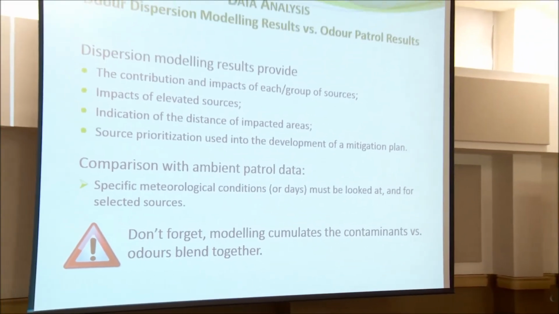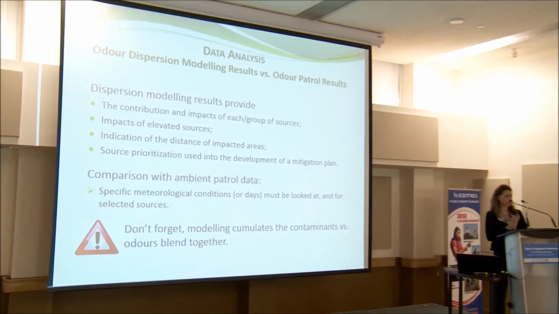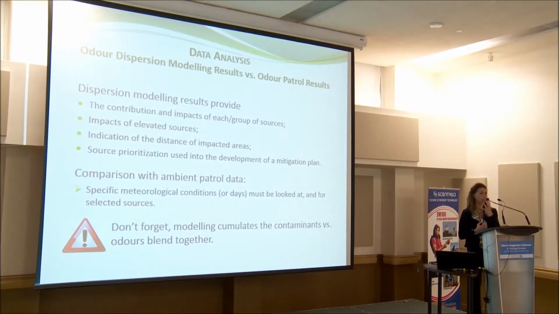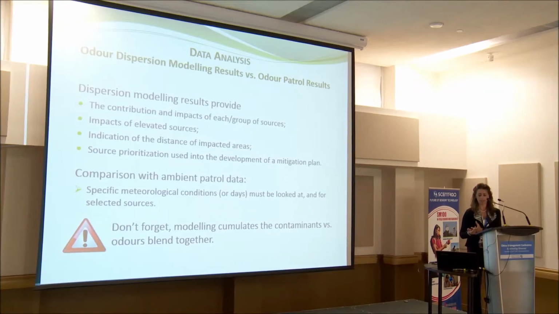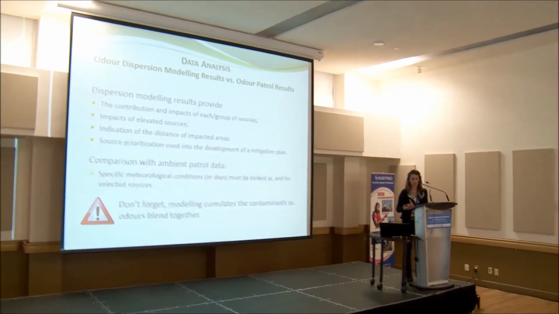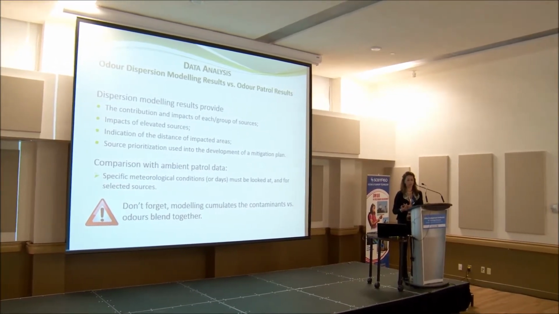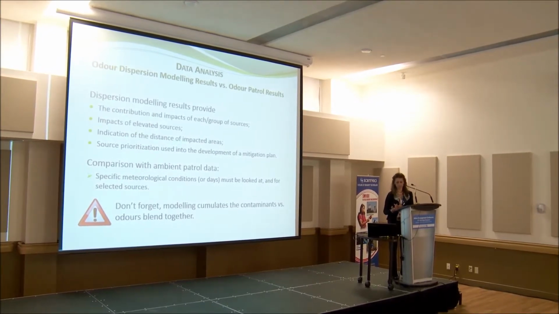It gets you the impacts of elevated sources, because ambient ground level monitoring is hard to use to actually get the impacts from elevated sources. So source sampling is actually of great interest for that as well. And dispersion modeling indicates the distance of impacted areas, and it helps you do source prioritization for mitigation.